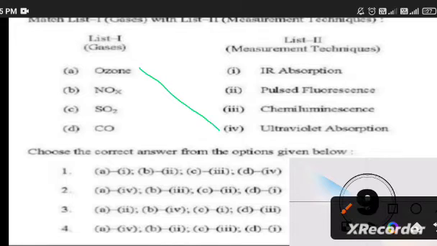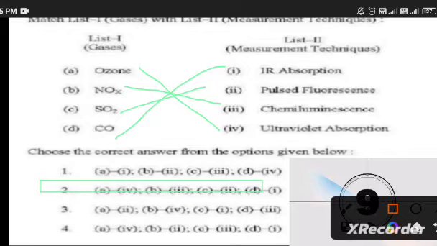For oxides of nitrogen, we use chemiluminescence method. For sulfur dioxide, pulse fluorescence method measurement technique is used, and for carbon monoxide, infrared absorption technique is used. So, after matching this, we will get our correct answer, which will be option 2.